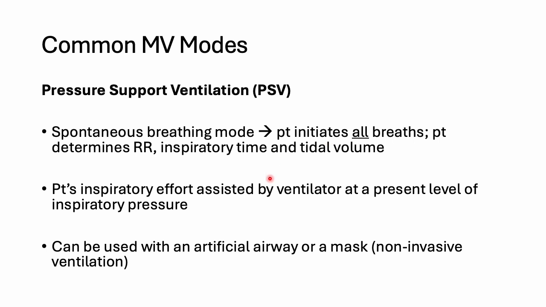But the difference between PSV and CPAP is that the patient's inspiratory effort is actually assisted by the ventilator with a positive pressure. I'll illustrate that later in the next slide. Again, it can be applied invasively through an artificial airway, or through a mask, as non-invasive ventilation.